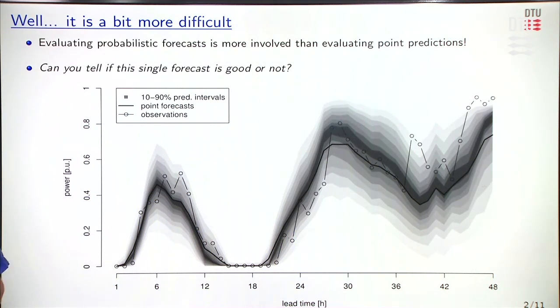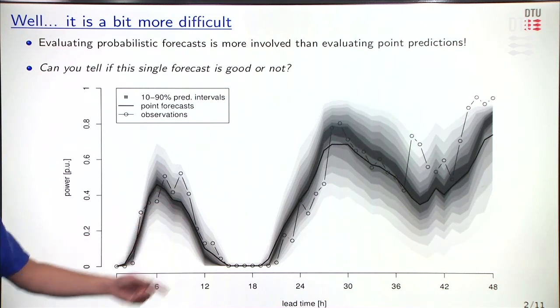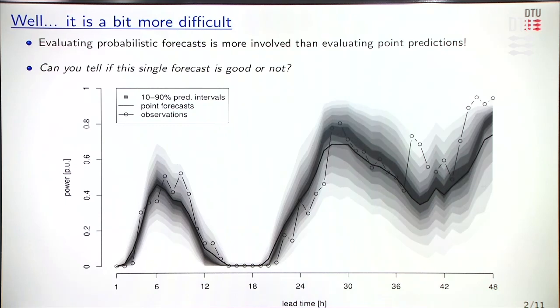Therefore, here I show the same example we had in the previous block with a forecast for lead times between 1 and 48 hours ahead, and power here expressed between 0 and 1. It's normalized, and you could reinterpret 1 as the nominal capacity of the wind power portfolio of interest. In bold black, you have the point forecast that we already studied previously.